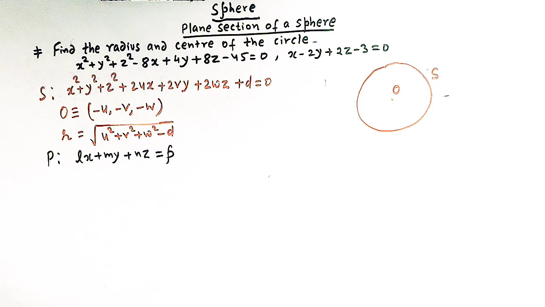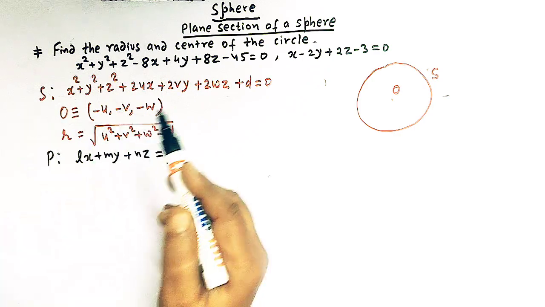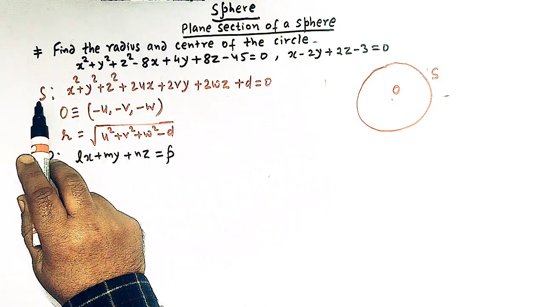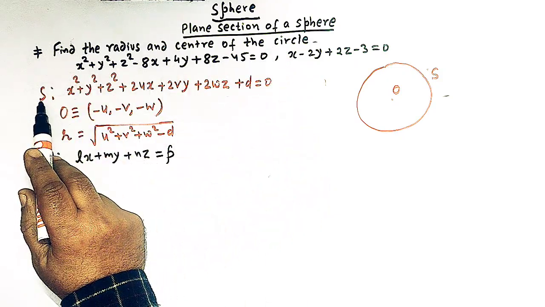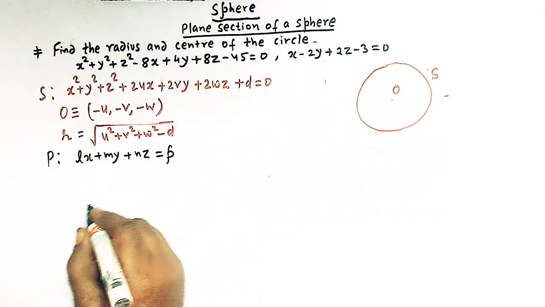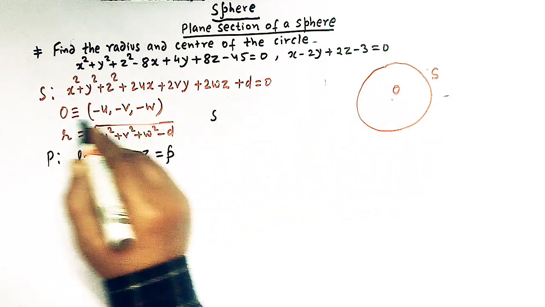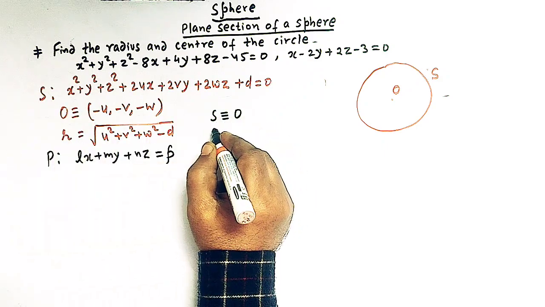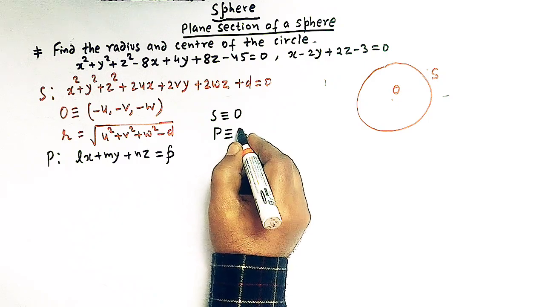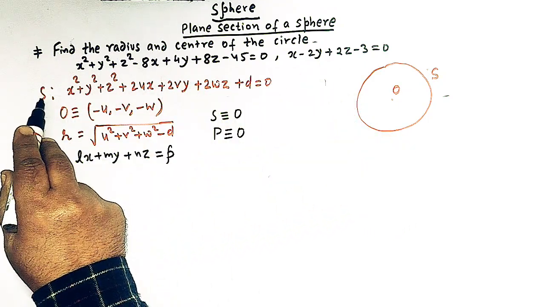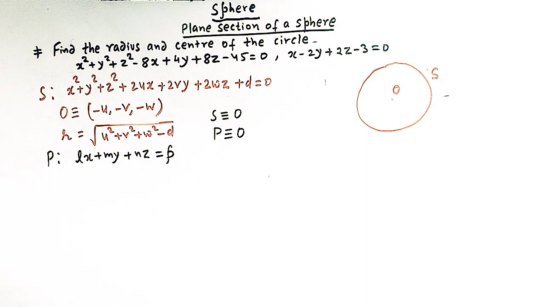And always remember that the combined equation of a circle is given by the equation of the sphere S and the plane P, right? So the circle is always represented by the equation of the sphere, that is S is equal to 0 and P is equal to 0. So the combined equation of the sphere and the plane gives us a circle.